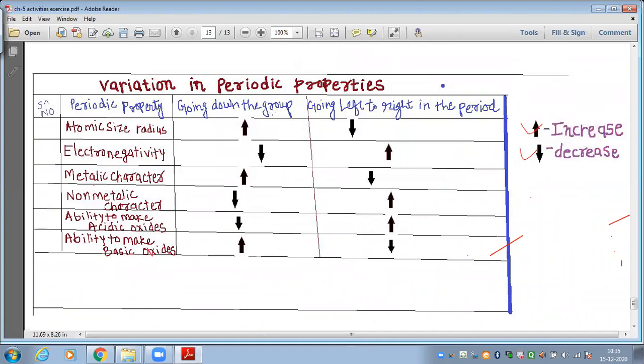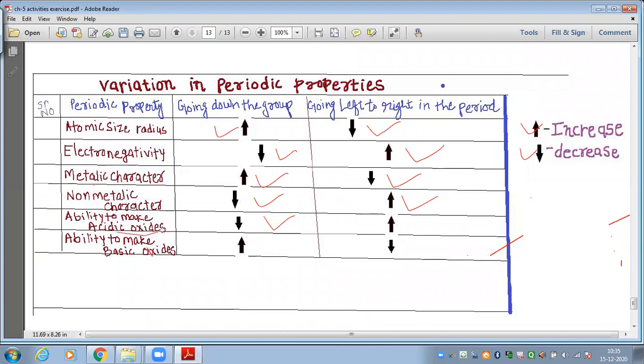Going down the group, the atomic radius increases, and going left to right, the atomic radius decreases. Going down the group, electronegativity decreases, and going left to right, electronegativity increases. Going down the group, metallic character increases, and going left to right in the period, metallic character decreases. Going down the group, non-metallic character decreases, whereas going left to right in the period, non-metallic character increases.